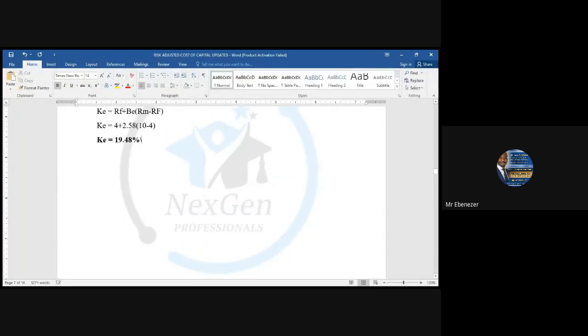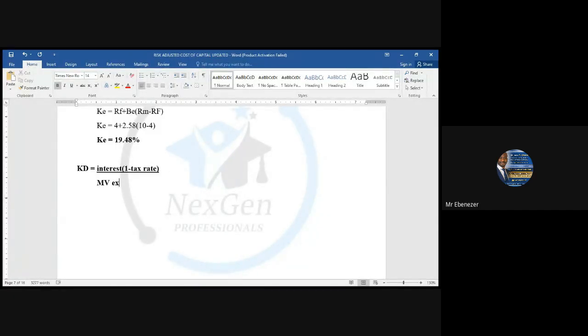The cost of debt, right? Interest times 1 minus tax rate, divided by the market price.